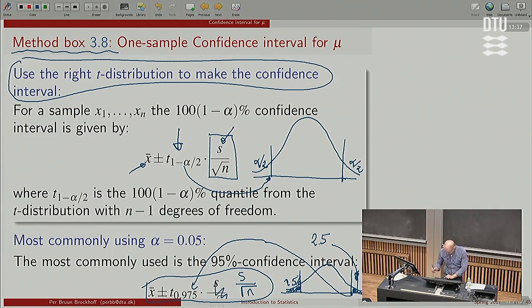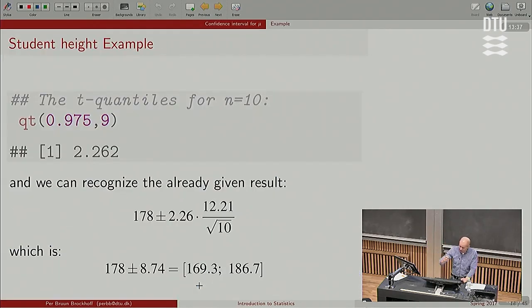That's the quantile. This quantile function exists in R. You might have met qnorm, but here is qt. It also exists. It tells us exactly the point on the distribution with 9 degrees of freedom. What would we get if we put qnorm instead, 0.975?